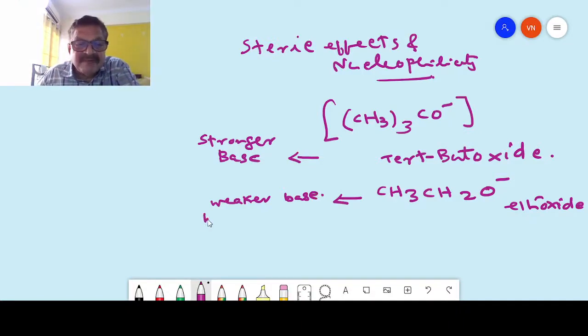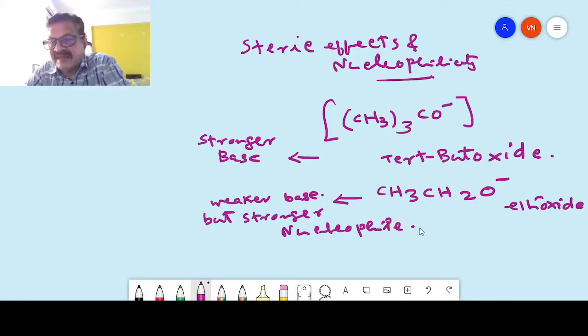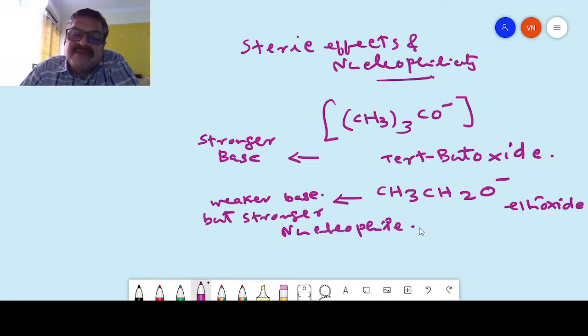Weaker base but stronger nucleophile, because it is against the general trend. Generally, we have seen strong nucleophiles are strong bases. But there are certain exceptions, where a weak base becomes a strong nucleophile. So ethoxide is a weaker base, but it is a stronger nucleophile at the same time.